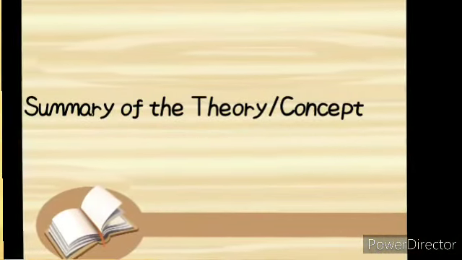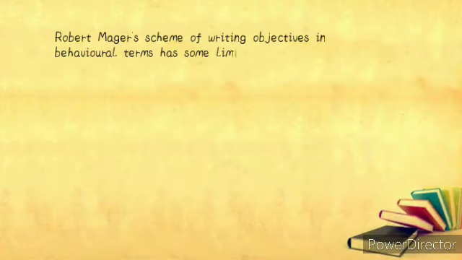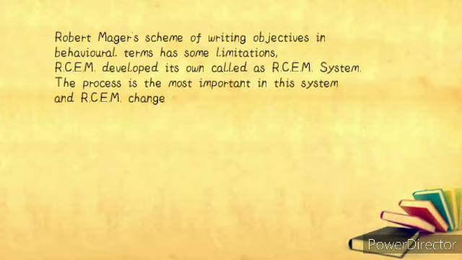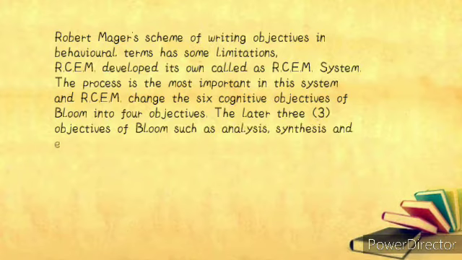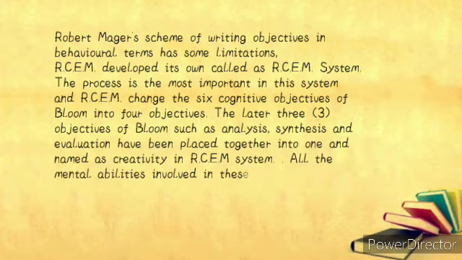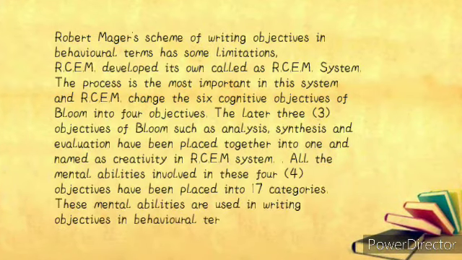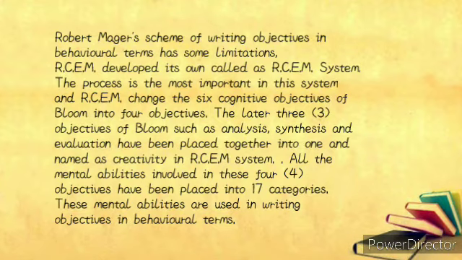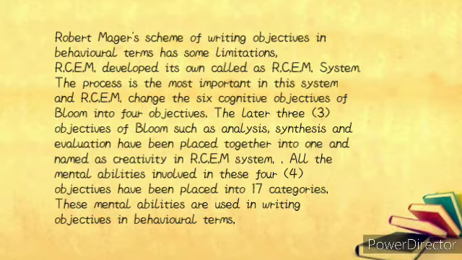Summary of the theory or concept. Robert Mager's scheme of writing objectives in behavioral terms has some limitations. R.C.E.M developed its own code as the R.C.E.M system. The process is the most important in this system, and R.C.E.M changed the 6 cognitive objectives of Bloom into 4 objectives.